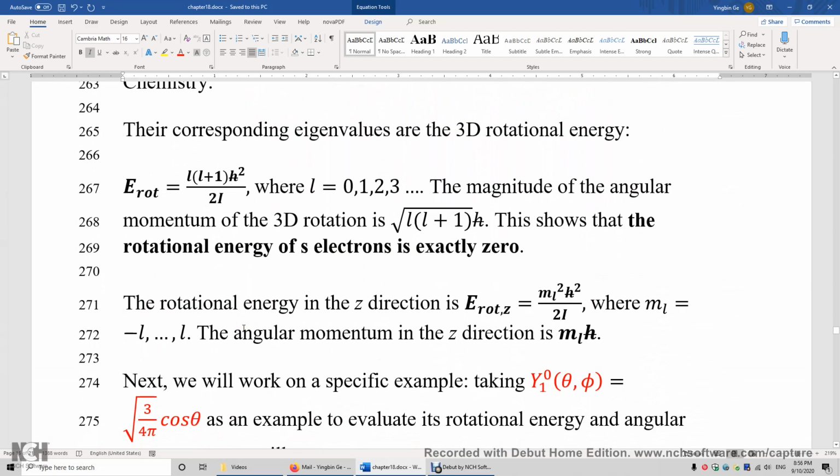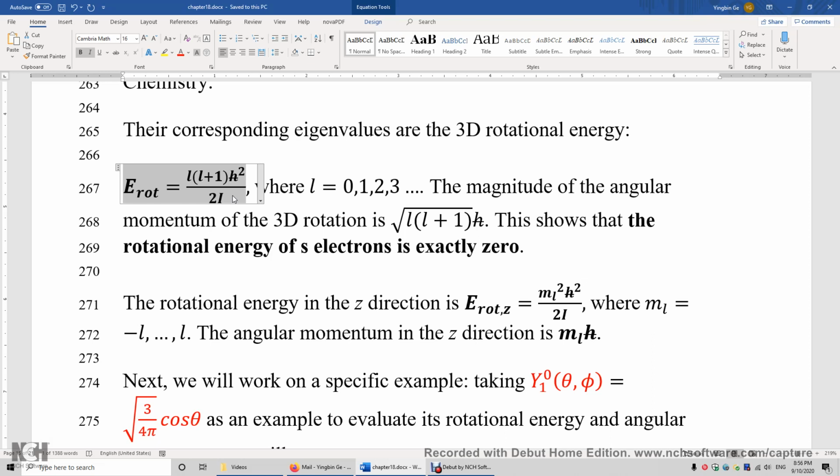All right. Now we can get the 3-dimensional rotational energy. The expression is this. It's L times L plus 1 times h bar squared over 2I. So if you know the value of I, and you know the quantum number L, you can calculate the rotational energy. All right?